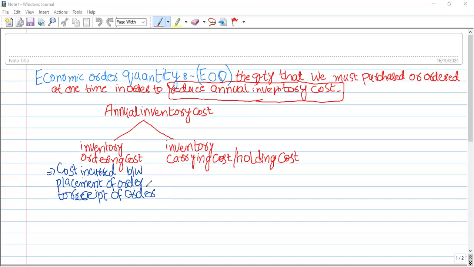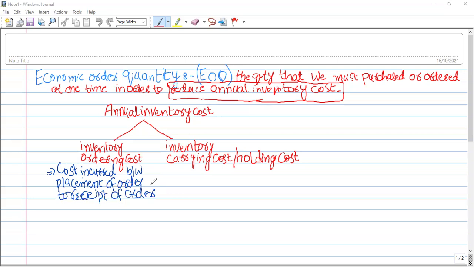From the placement of order until we receive it at our goods receiving department, all those costs incurred are classified as ordering cost.